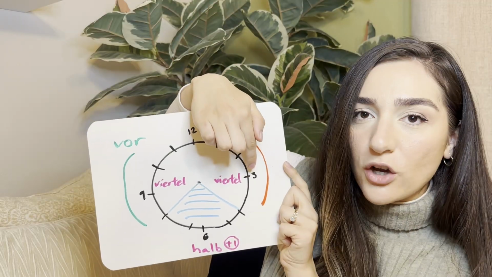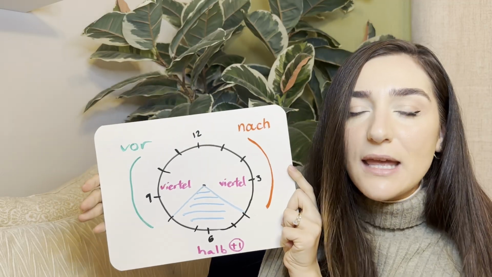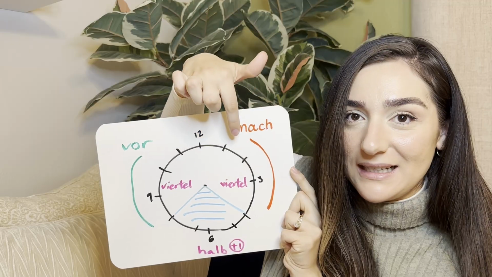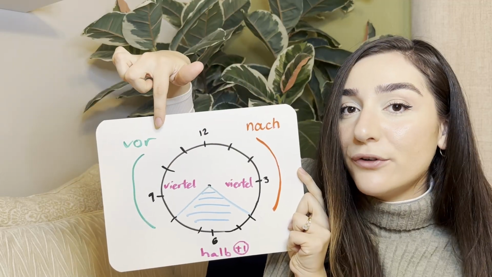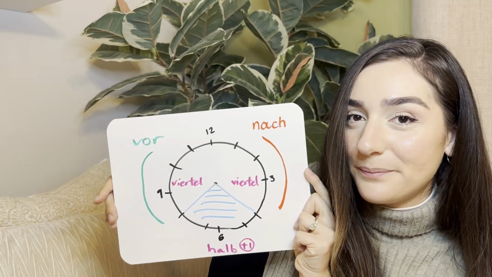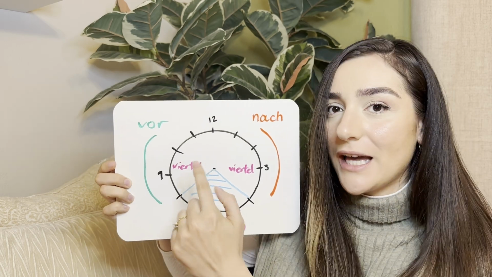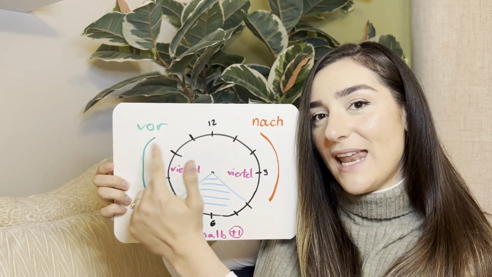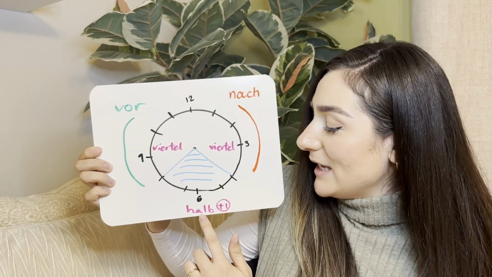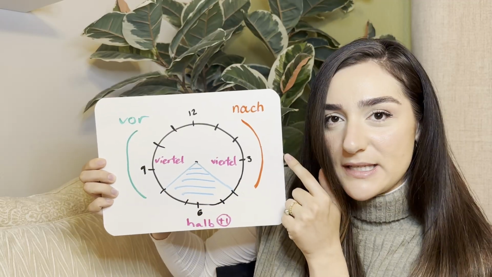When you get to a quarter, either on this side or this side, you can either say 15 nach or viertel nach. And over here, you can say either 15 vor or viertel vor. When you get to the half, remember to look at the clock halfway full and not halfway empty. So that means that you should always try to connect the half to the upcoming hour and not to the previous hour.